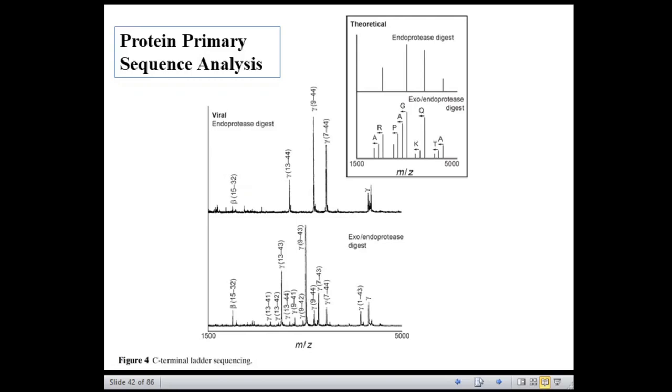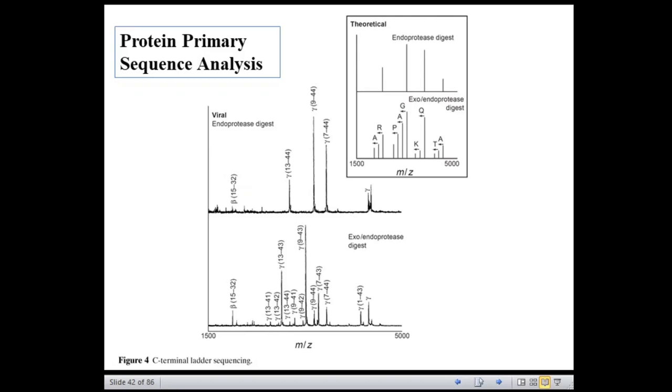So in an entire sequence, you can see in endoprotease digest some of the residues which are internal to the sequence are cleaved. So you can see the peaks randomly distributed.